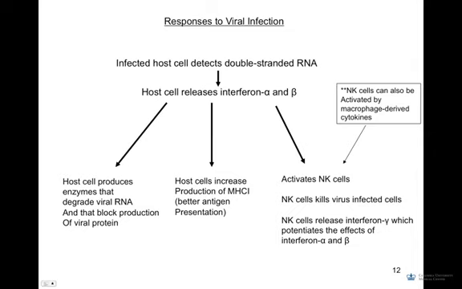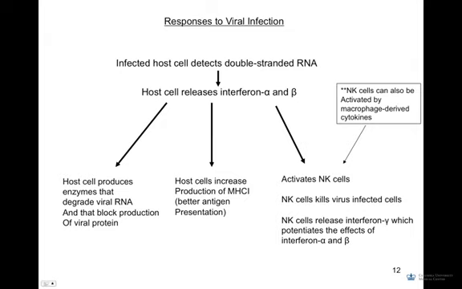Number one, interferon alpha and beta help the host cell that produced the cytokines and neighboring host cells to produce enzymes that are going to degrade the viral RNA and block the production of viral protein. So this is going to help the host cell and neighboring host cells shut down viral replication.